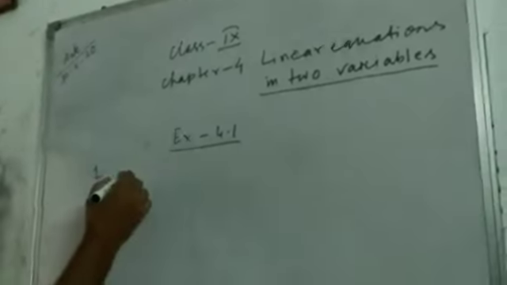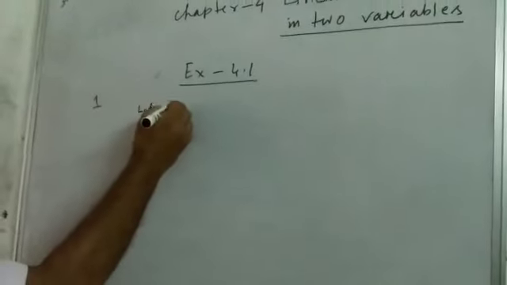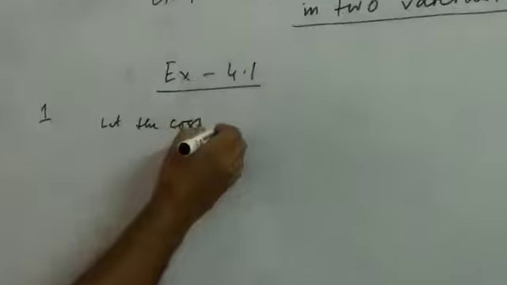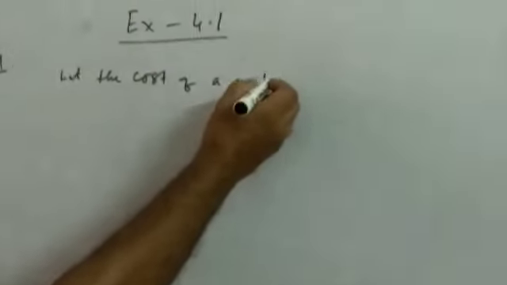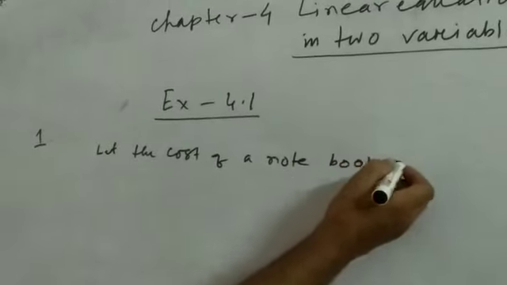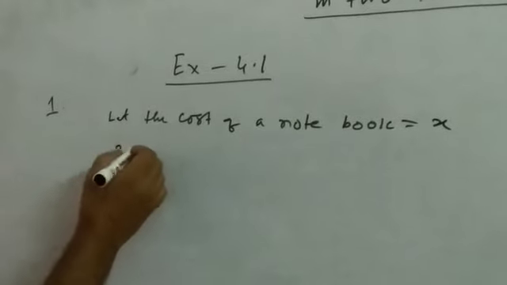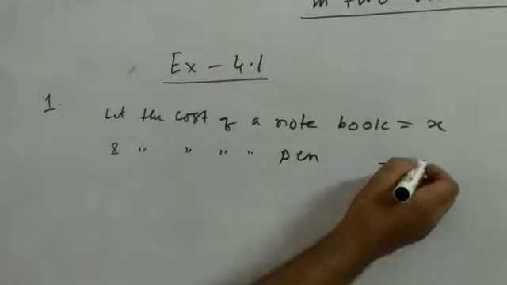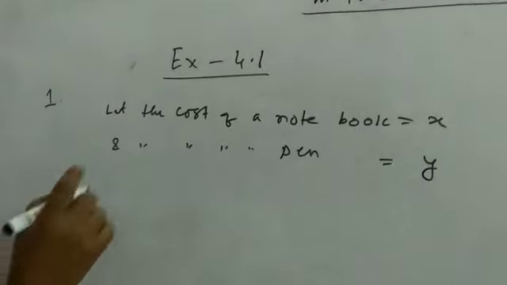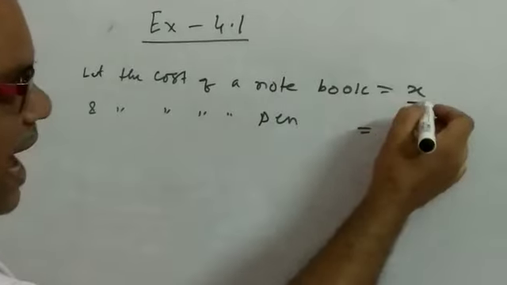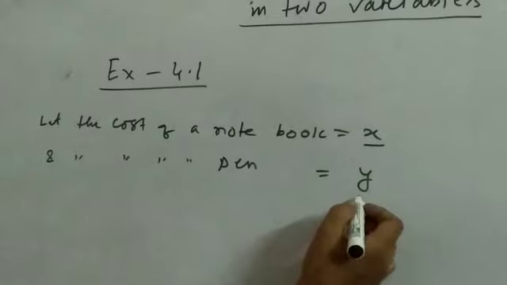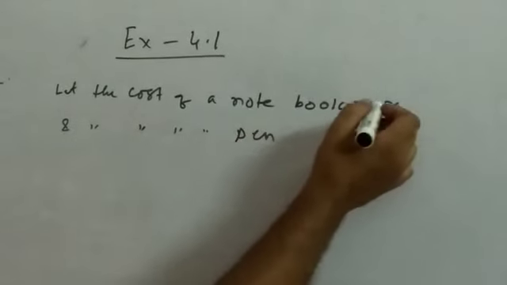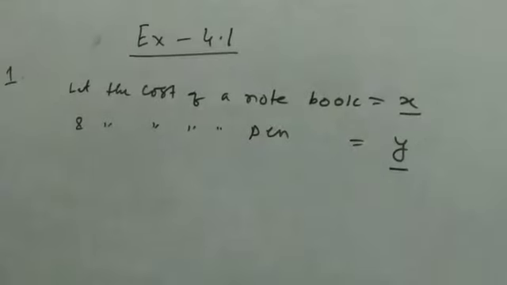So here, suppose the cost of a notebook is x and the cost of a pen is y. Here it is given that the cost of a notebook is double, twice, the cost of a pen.